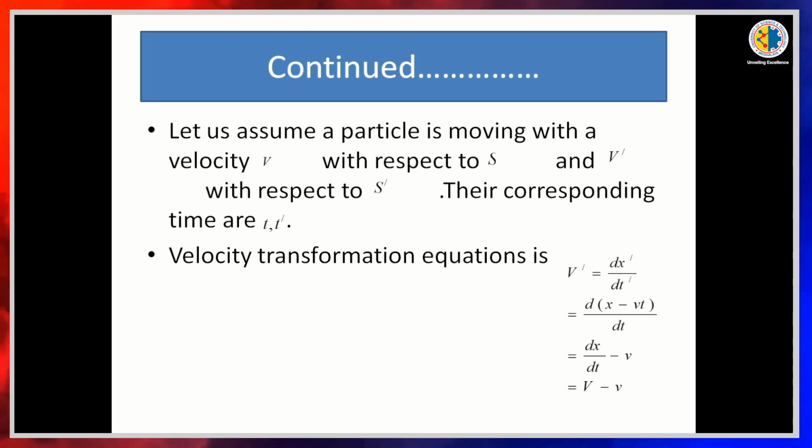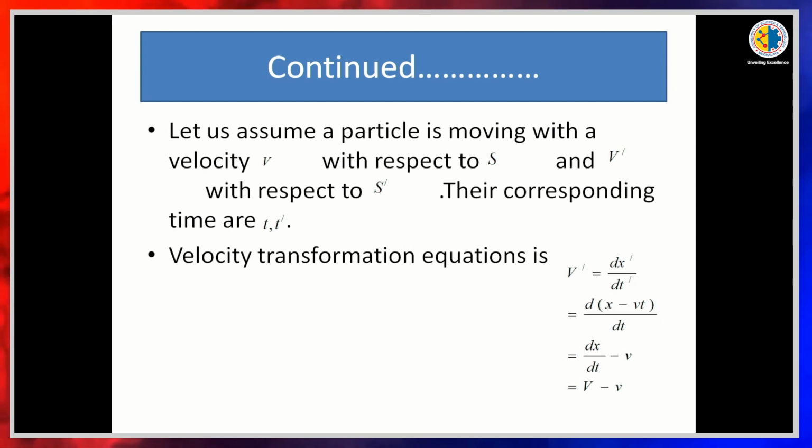So, we get d of x minus vt divided by dt. Now, dx by dt minus v, constant. The moving frame moves with a constant velocity v. So, v remains the same, and t with respect to t derivative is 1. So, we get dx by dt minus small v.